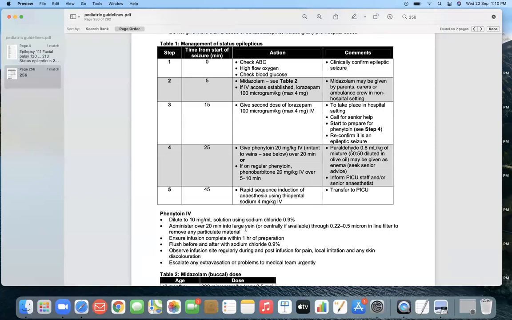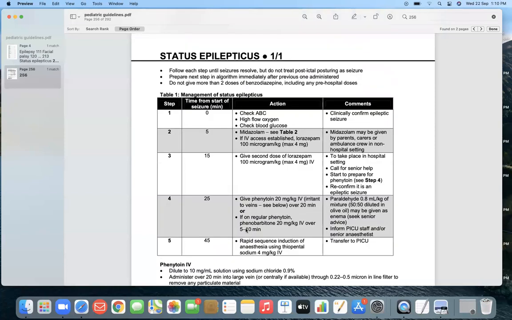Anyone has any comments on this before we go for the definition? Dr. Noor, I have a question.